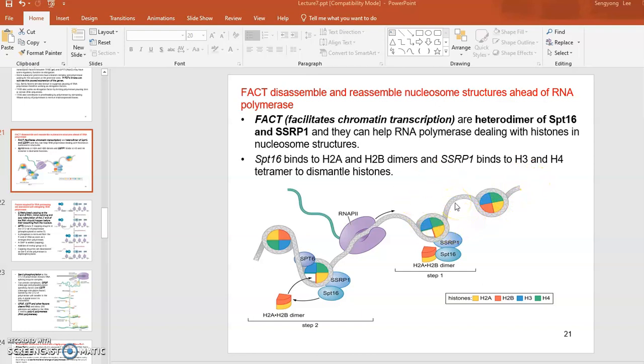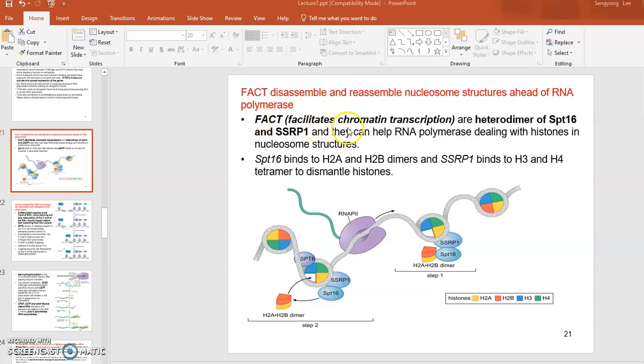So that's kind of compact DNA structure. So if the RNA polymerase will continuously work on its transcription process, those compact histone octamer structures need to be opened up, dissociated, right? So that dissociation is mediated by this FACT, facilitates chromatin transcription kind of complex.